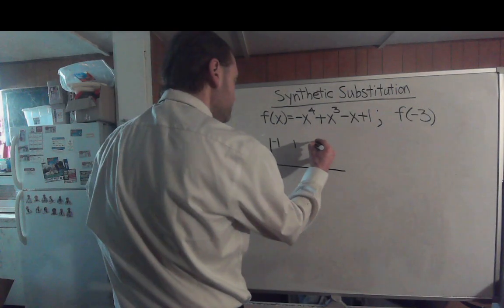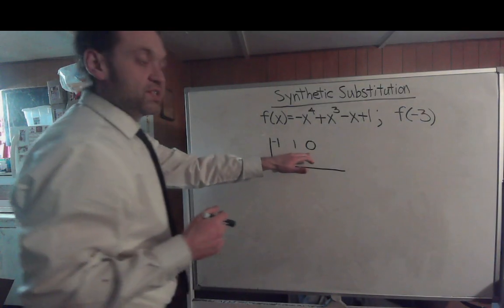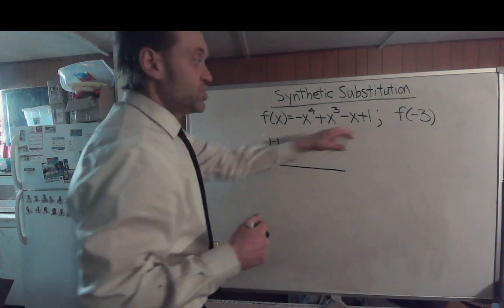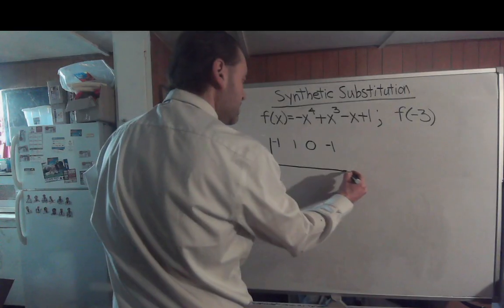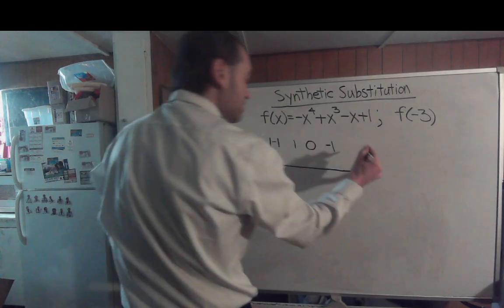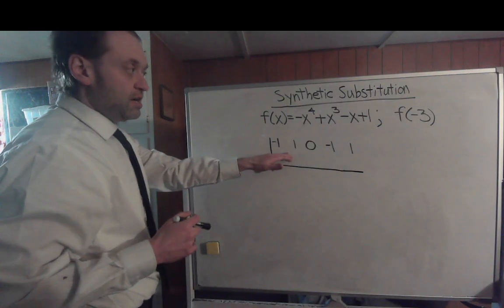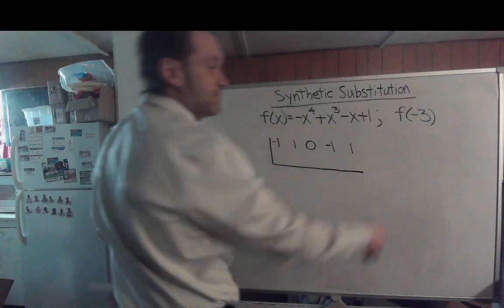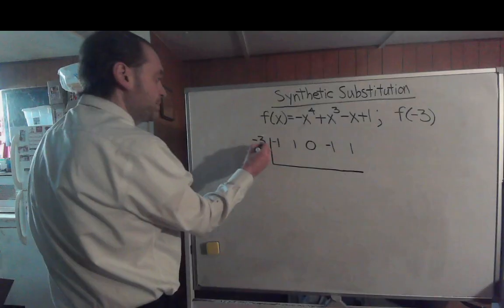The coefficient would be 0. So the coefficient on x squared is 0. And then the coefficient on the x to the first term is going to be negative 1. And then you have your constant term of 1. So now that you've set that up, on the top left, you'll take the value of x that you're evaluating the function at, which would be negative 3.